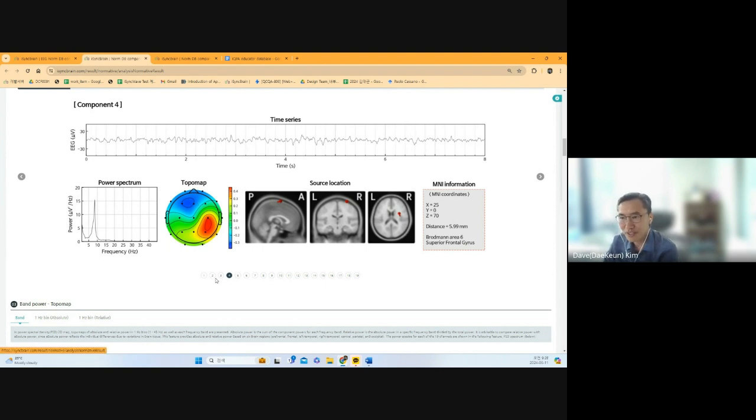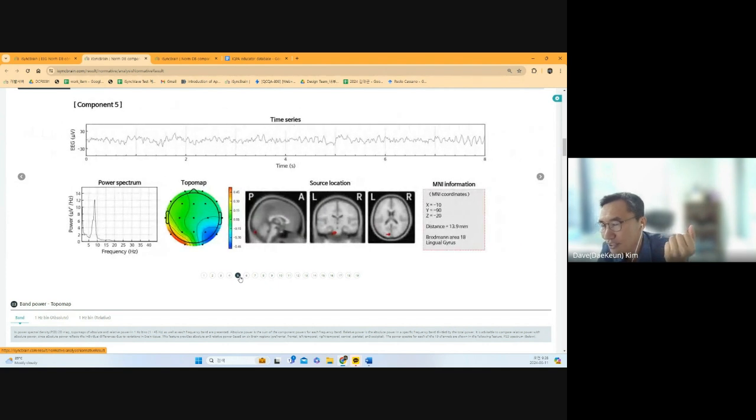The temporal and frontal component is not so healthy. Usually the alpha component should be coming from the back of the head, but the temporal and frontal slowing activity is coming from this. This is the lingual gyrus, the usual occipital area. You can see y equal minus 90, a very posterior area.